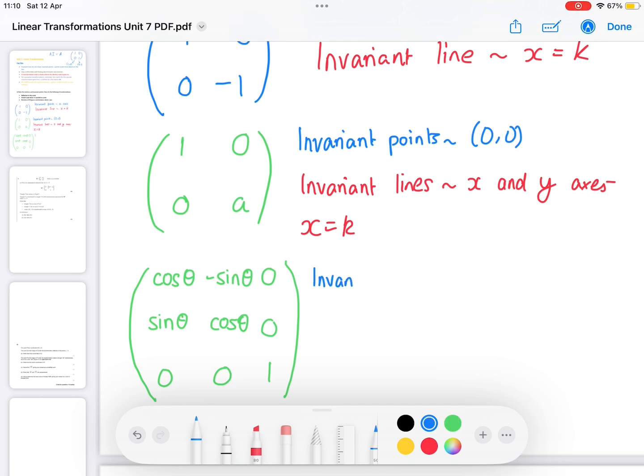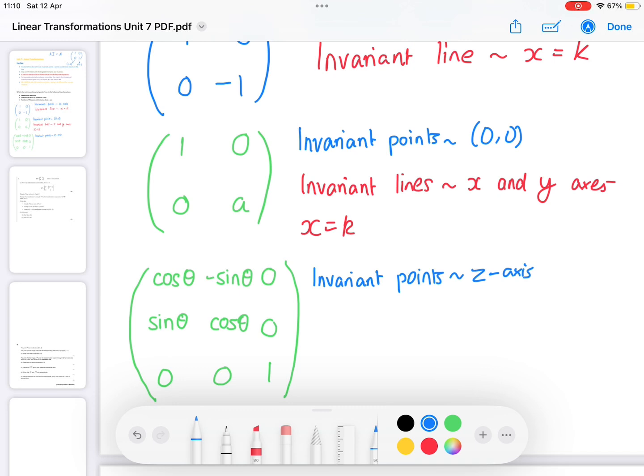And invariant points is going to be anywhere on the z-axis, because it's a rotation about the z-axis. So if the x and y coordinates are already 0, then there's not going to be any change of those. And as we can see from the transformation matrix itself, there's no change for the z-axis.